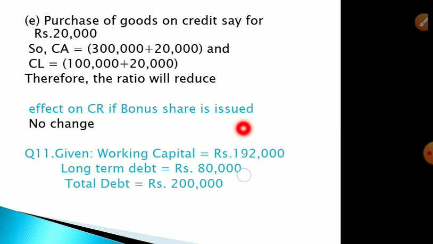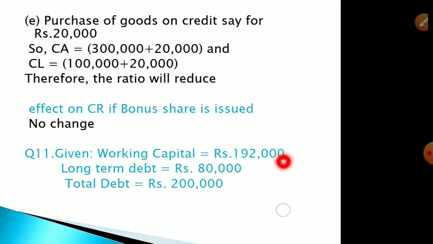Now see, the bonus share is neither a part of current assets nor a part of current liability. This bonus share will affect the reserve and surplus, and from the reserve and surplus, the amount will be transferred to share capital. So this has nothing to do with the current assets and current liability. Hence, there will be no change in the current ratio.